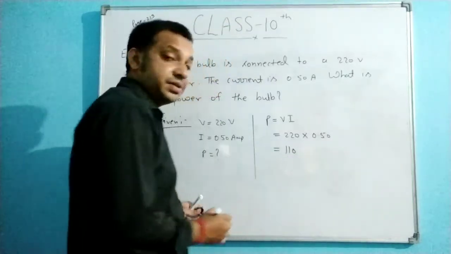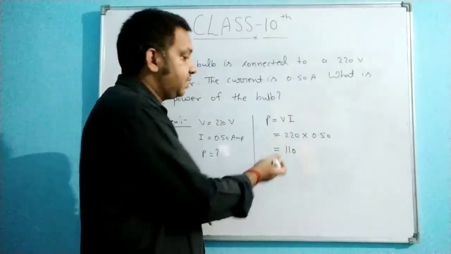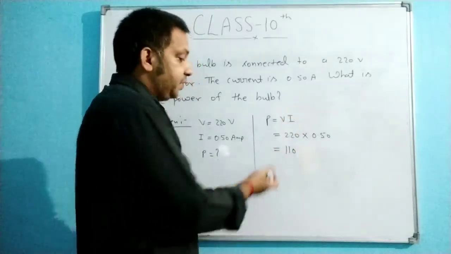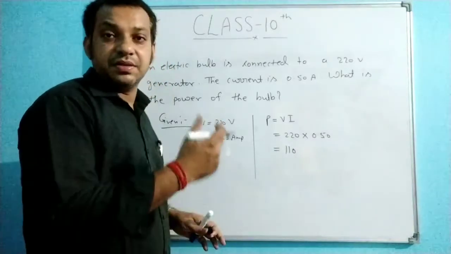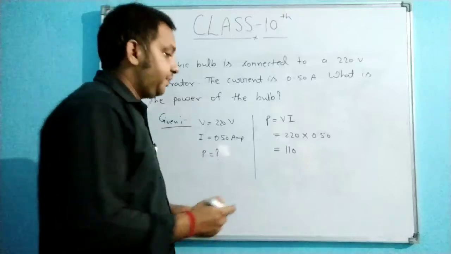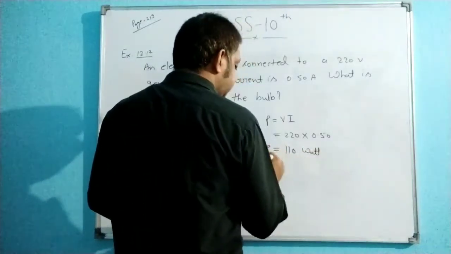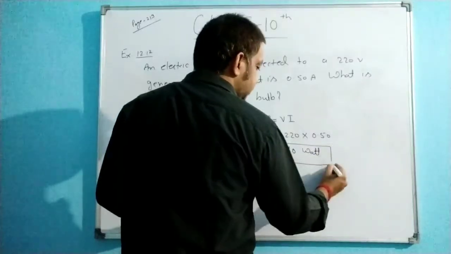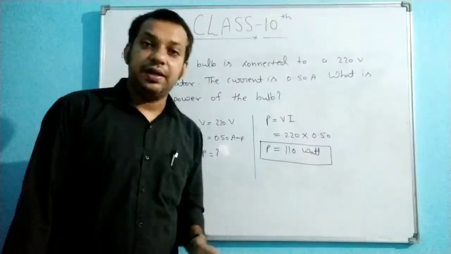The value of the voltage is in the MKS system and the value of the current is in the MKS system, so you will get the unit of the power also in the MKS system. The unit of power is watt. So the answer is 110 watt.